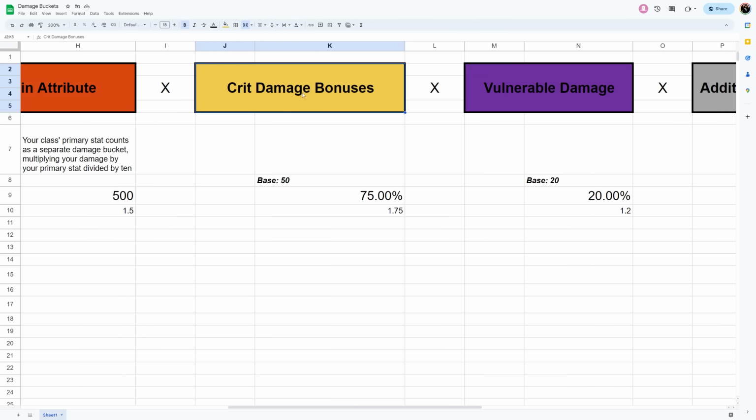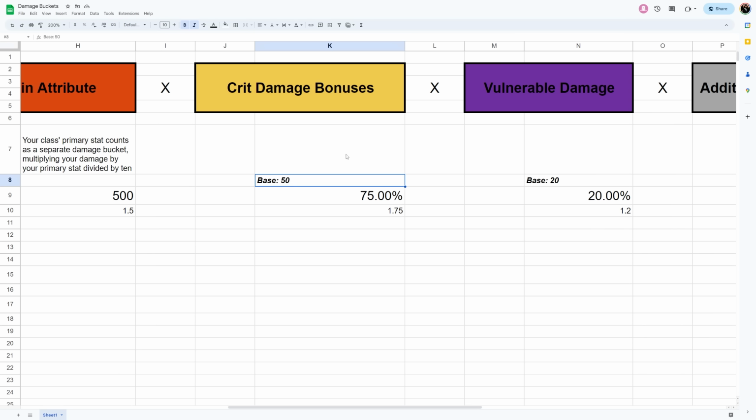Now we've reached our first multiplicative bucket, and that is a damage bucket. It's all multiplicative, right? But it has additive values in it. What I mean by that is you're going to look at your doll and it's going to say crit damage bonus. Its base is 50%. You'll also have stuff that says crit strike damage versus things that are CC'd, or versus vulnerable, or crit strike damage with your core skills.